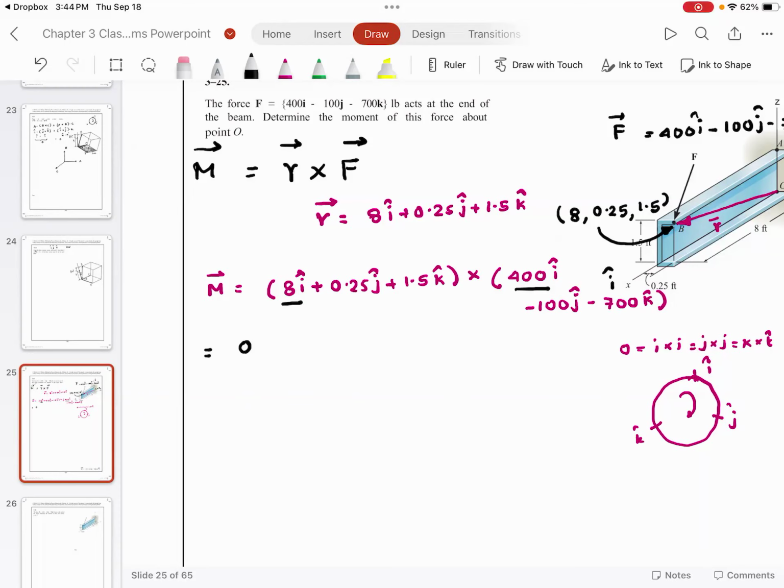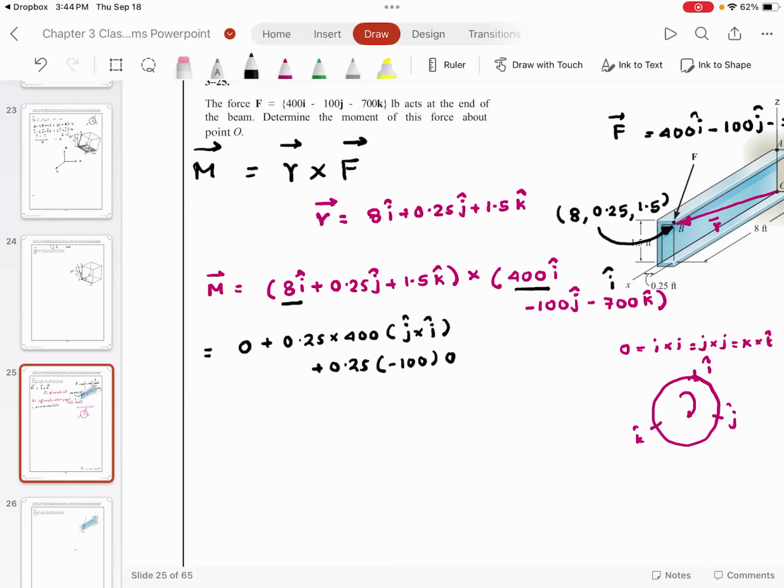0.25 times 400, j cross i. Then 0.25 times minus 100, j cross j, 0.